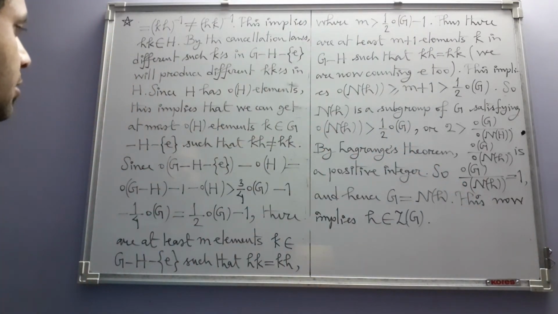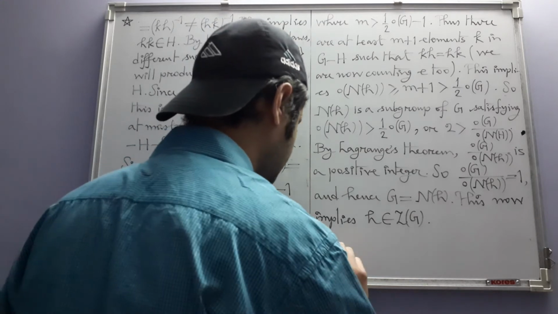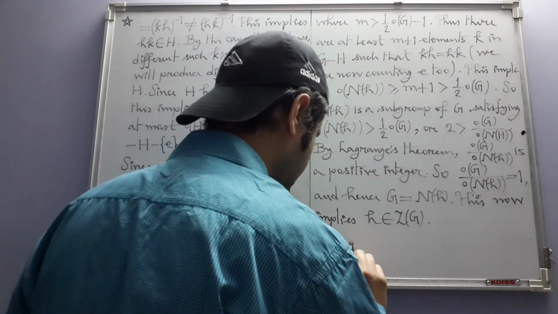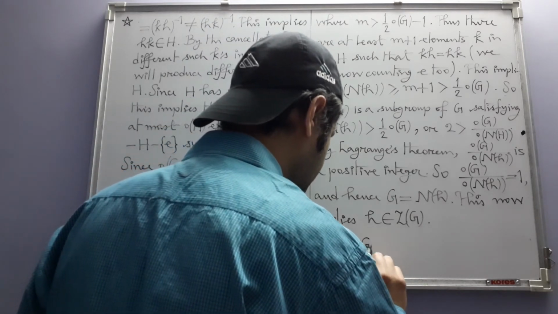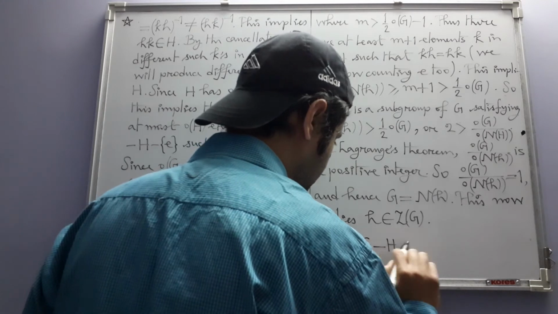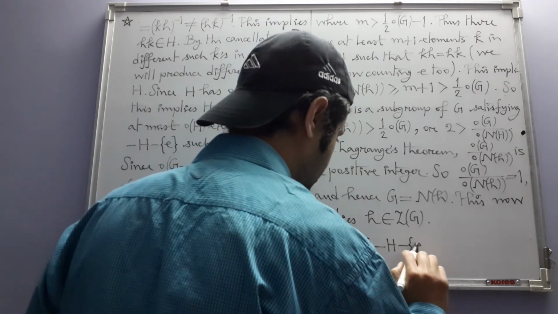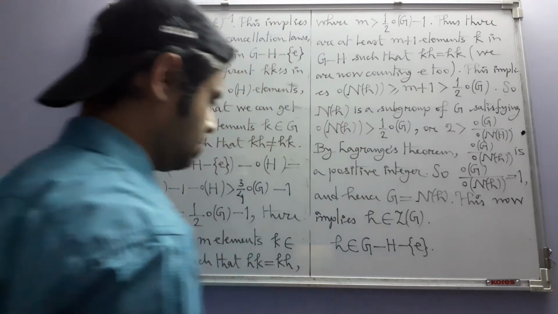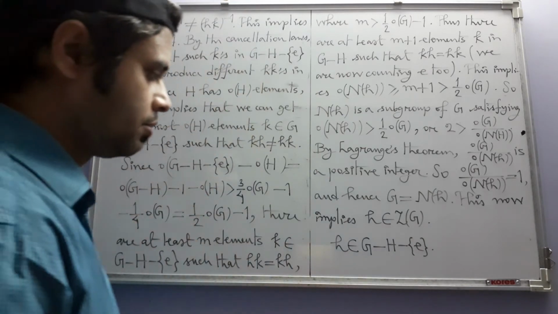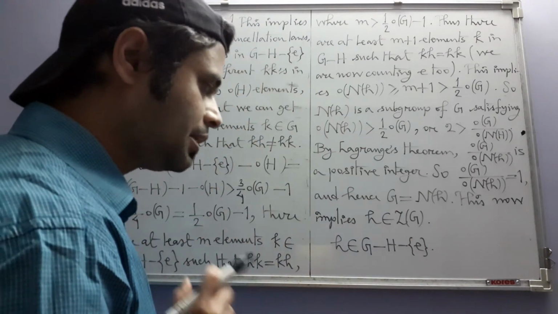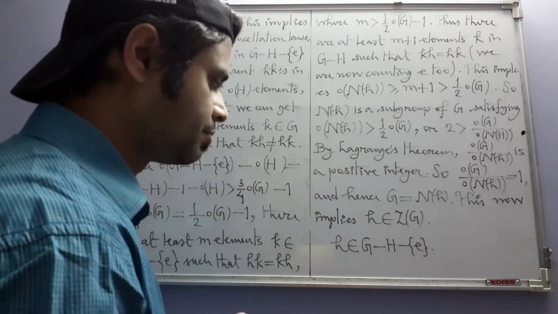So far there is no problem. There is only one confusion that I am having. It's about the ability to choose this h. Can I always choose this h?